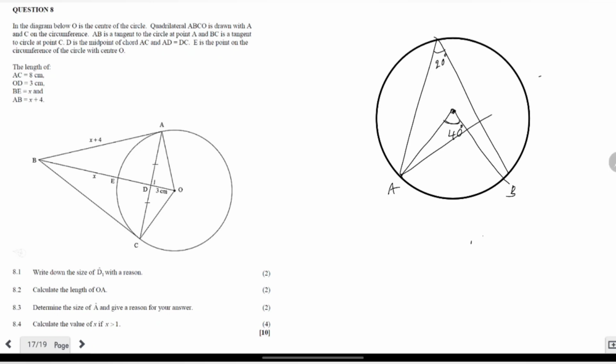If I draw it here, see, same result. This angle is also 20. See, angles in the same segment, right? 20. How do you get this 20? Because this is 40. Clear? So the angle at the center is 2 times the angle at the circle. In fact, this idea is coming from angles in the same segment. Do you see that?